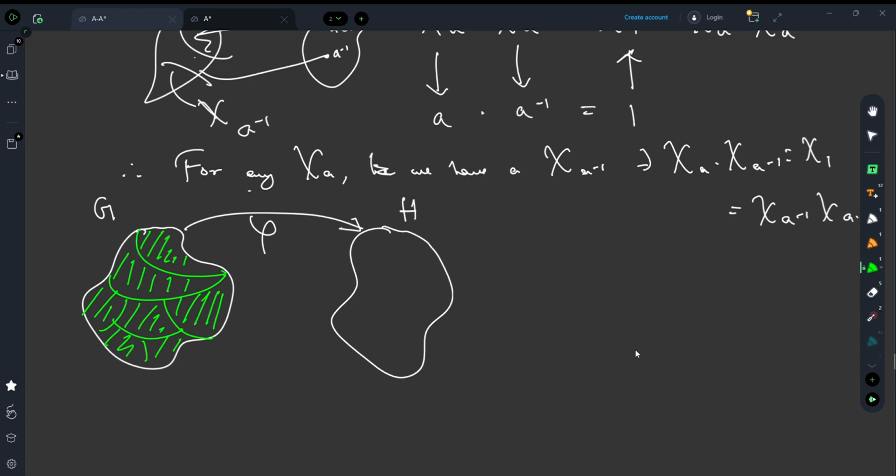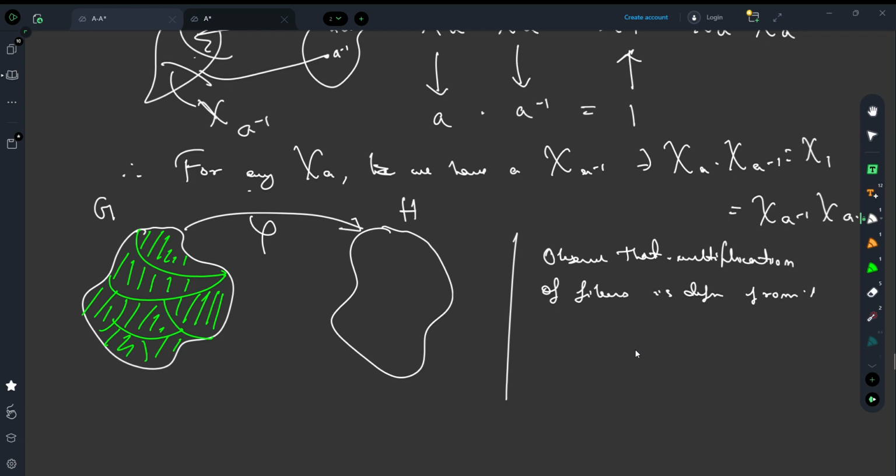Is it clear? So observe that. Let me just write it down in a statement of what I want to say. Observe that multiplication. So I use the term multiplication for denoting an arbitrary group operation. So observe that multiplication of fibers is defined from the multiplication in H. Clear?